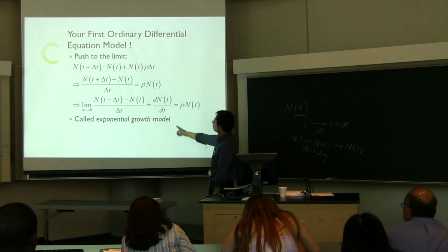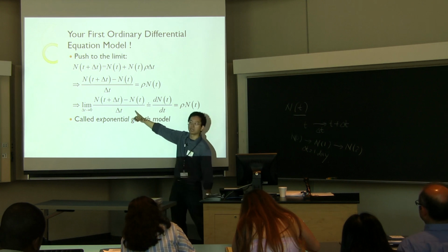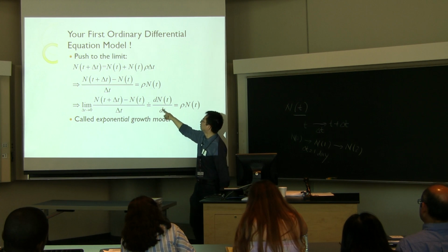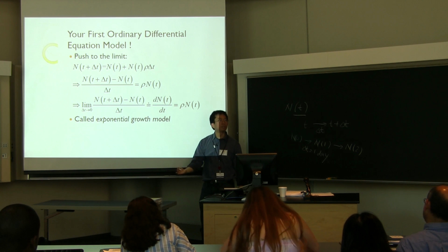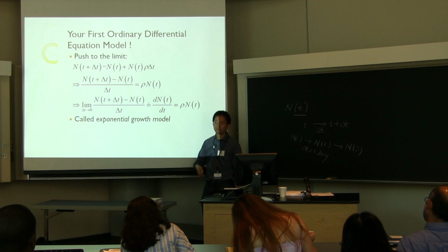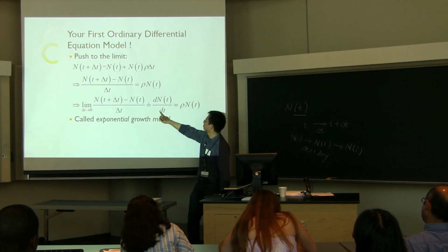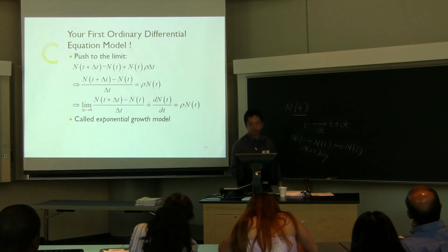So just for convenience, people use derivative to denote this kind of thing as d n / d t. Here d means the differentiation operator. Or you can just remember this: it just means the rate, the change per unit time.